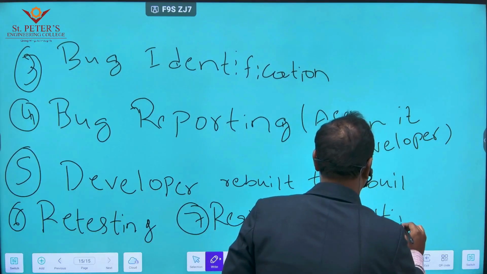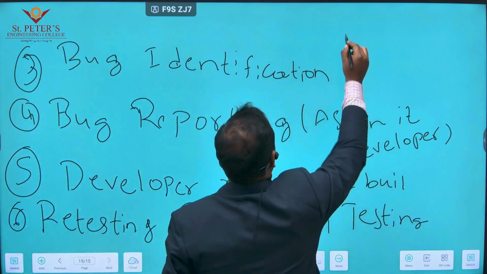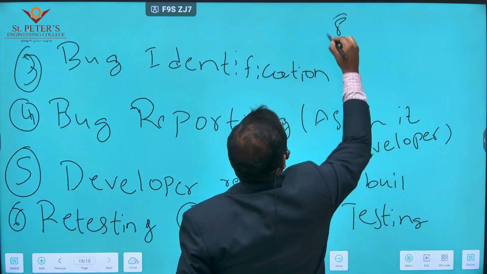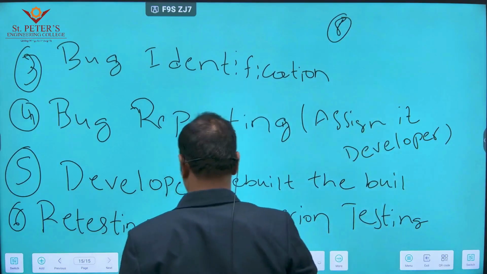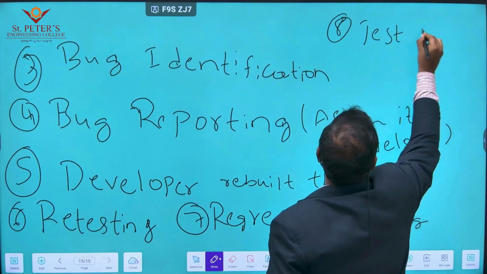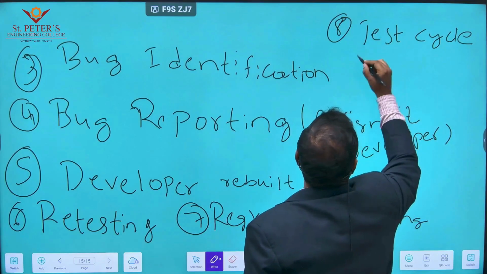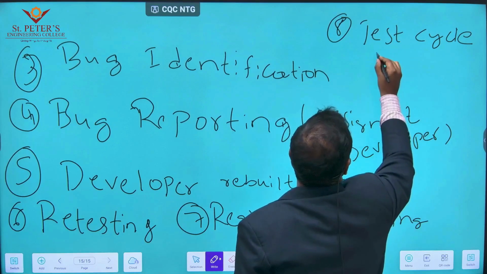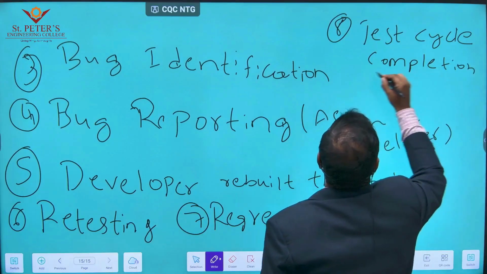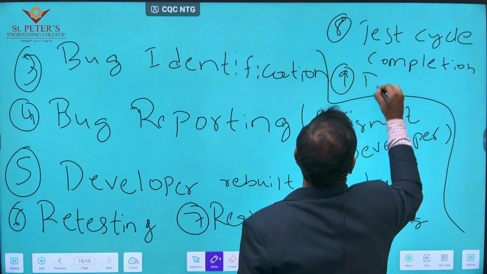After regression, test cycle completion, and after that the ninth stage is deployment.